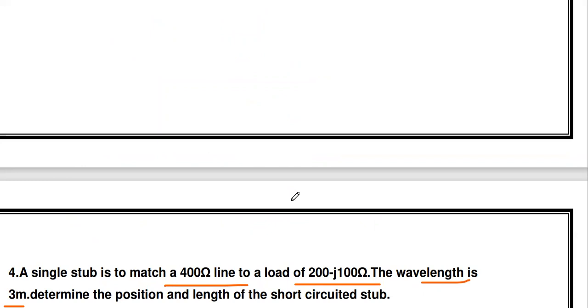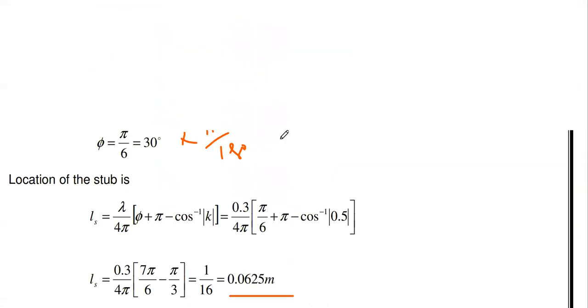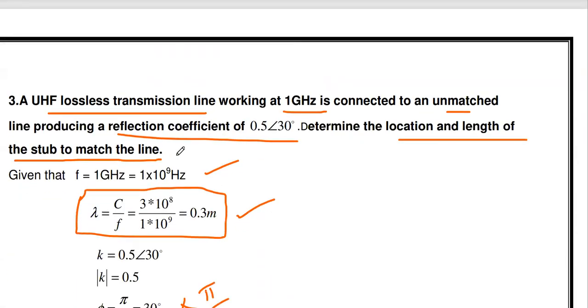So for betterment, in these questions the task is to design a single stub. Here, using the Smith chart is not mentioned in any of the 4 problems, which means you may use this formula method. The same question we may solve using the Smith chart also, but in that question they will mention design single stub matching using the Smith chart.